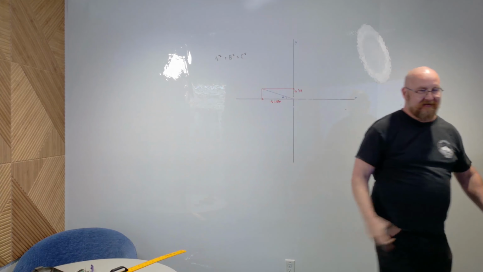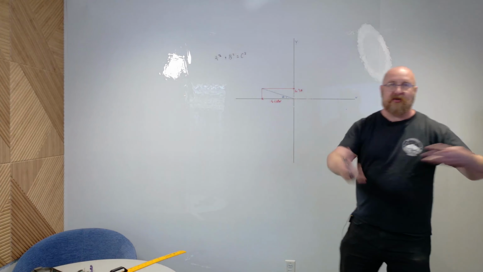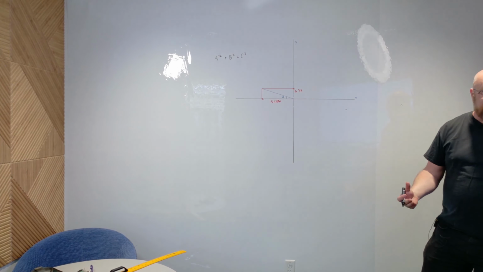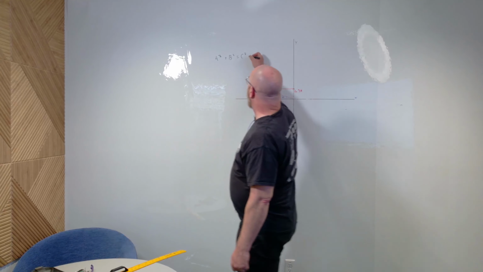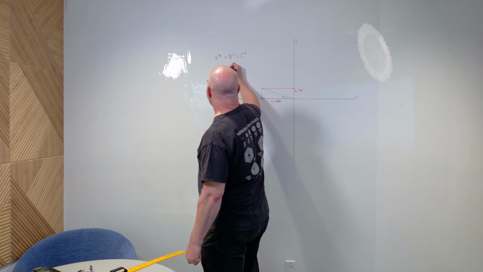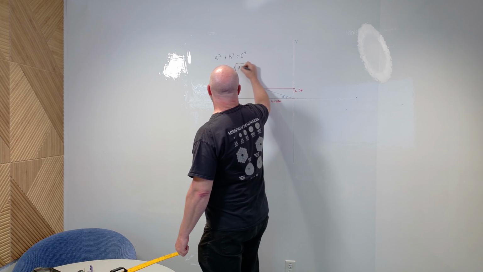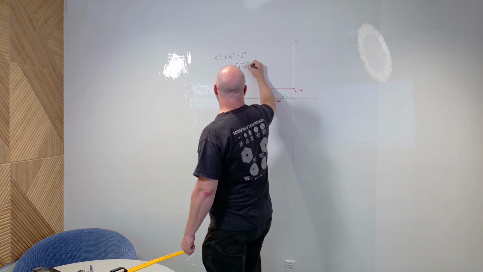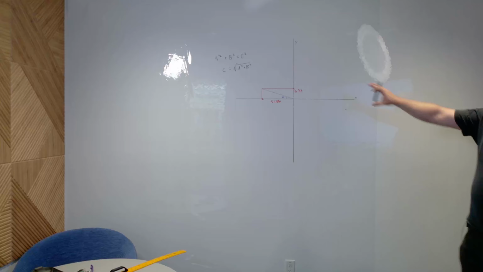That's what we learn for the Pythagorean theorem. Most of the time here we're going to do a little pre-algebraic manipulation to get c on its own, so we take the square root. So c equals the square root of a squared plus b squared. That's where we're going to start most often.